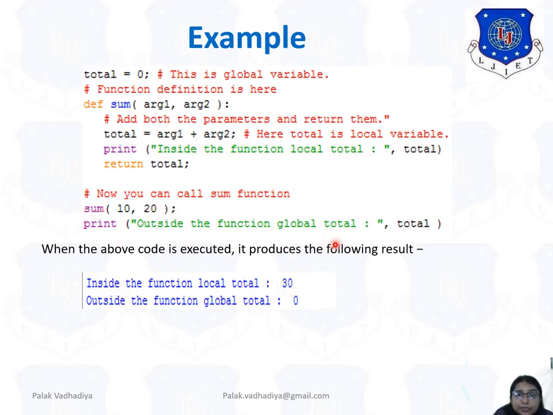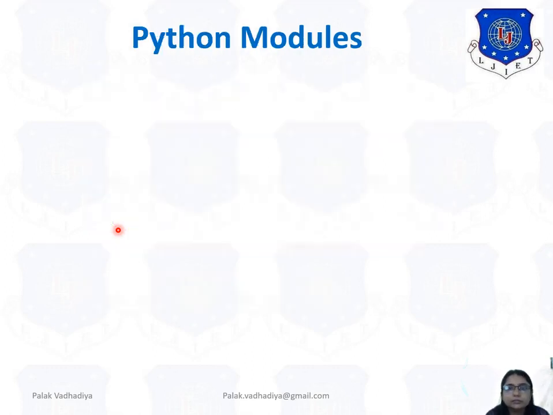Now this print statement will print the value outside of this function, that is 0. Because when you want to print the local variable, you have to call this function. The first time I want to print the local variable, that's why I call the function, and the second time I simply use the print command to print the global variable. So I hope this concept is clear.